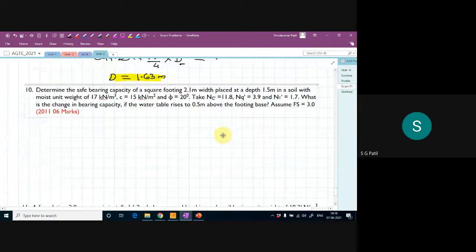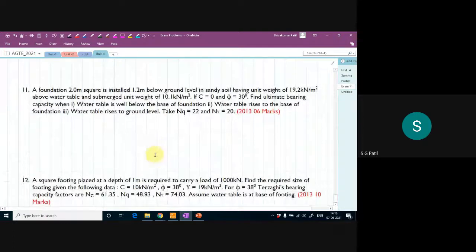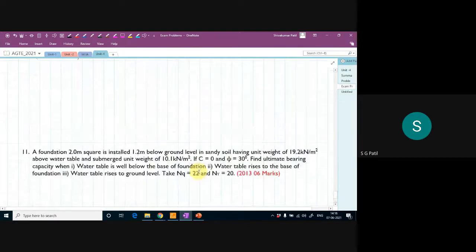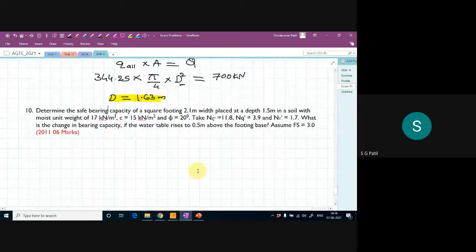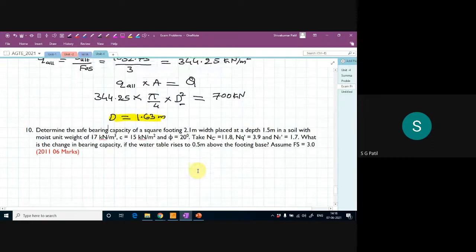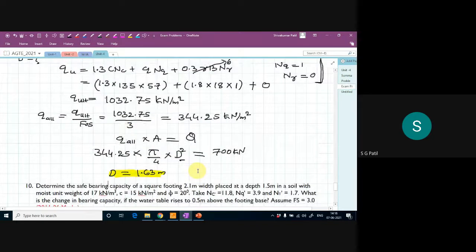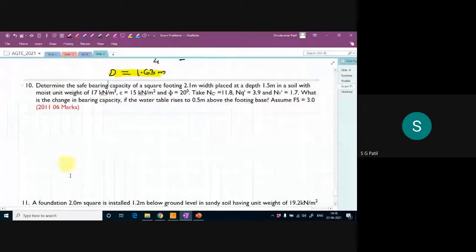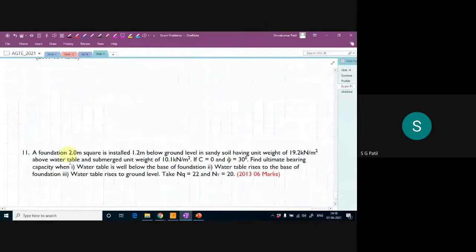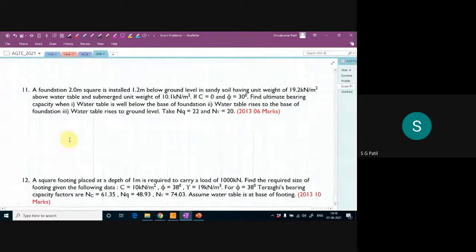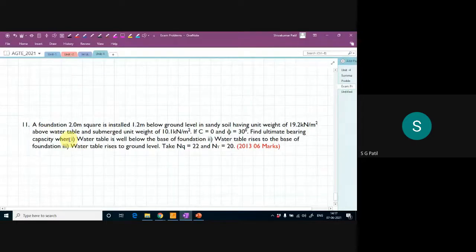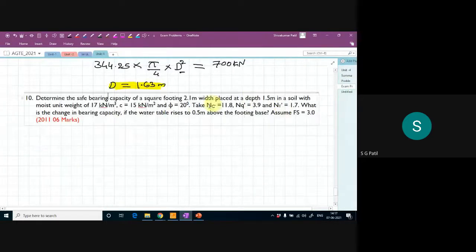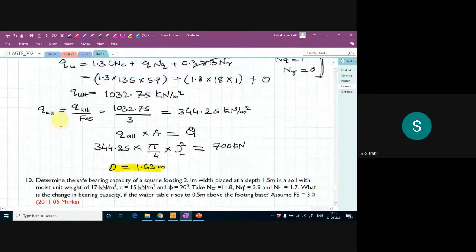Okay, so next there are some more problems I put here. Okay, so see these problems are exactly same. If you would have followed all these problems, then there should not be any issue to solve these problems. Okay, so these problems you solve on your own. So these are just based on whatever concepts we have discussed in solving all the 9 problems.